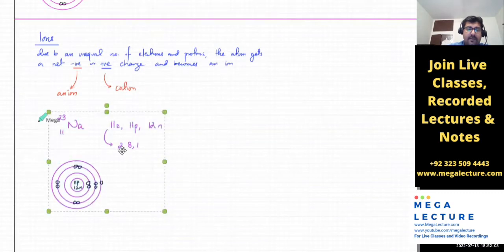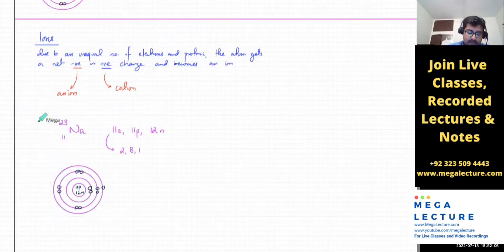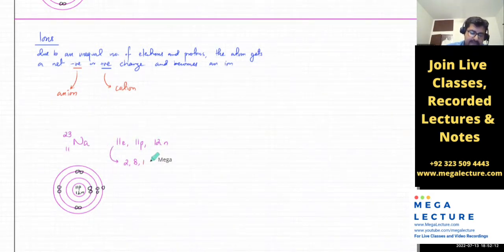If you've got a sodium atom over here, and that's the electronic configuration, and somebody comes and steals that one electron on the outside, it's gone. This one electron over here is lost. So there's one electron less. Instead of 11 electrons, it's got 10 electrons.